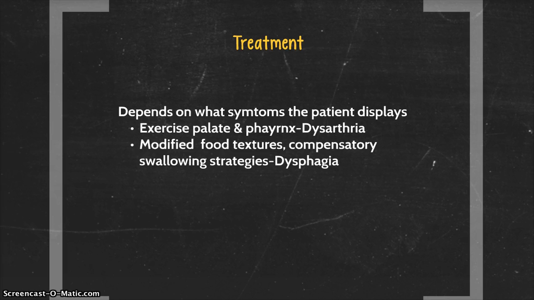For dysphagia, many interventions that are utilized by OTs are compensatory strategies. So these compensatory strategies can consist of different swallowing strategies or modifying the diet textures and also enhancing feeding skills. And that could be through adaptive equipment.